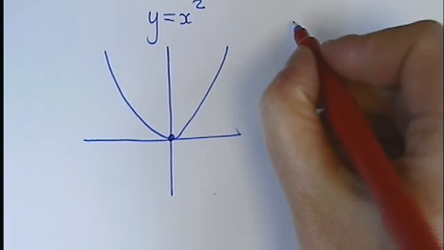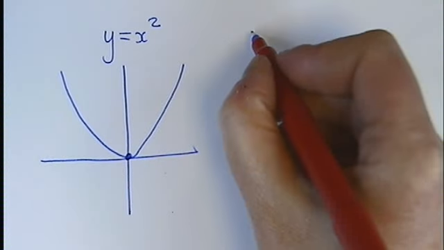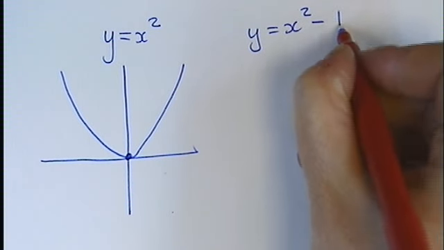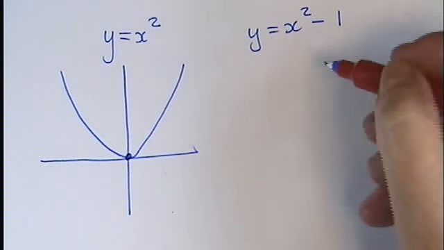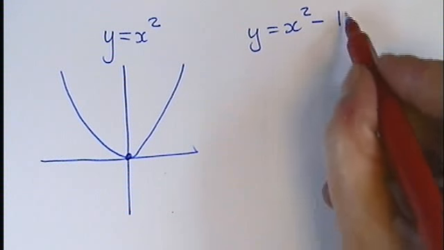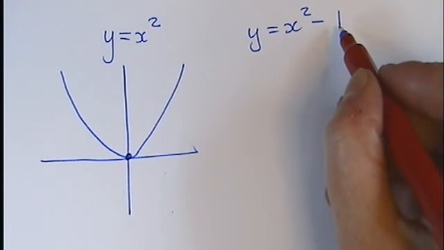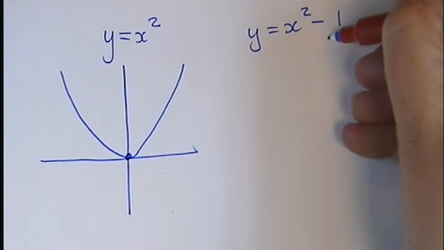We're going to now have a look at a similar quadratic, y equals x squared minus 1. So this bit tells me that my graph has been translated down by 1. So I'm going to draw another sketch.